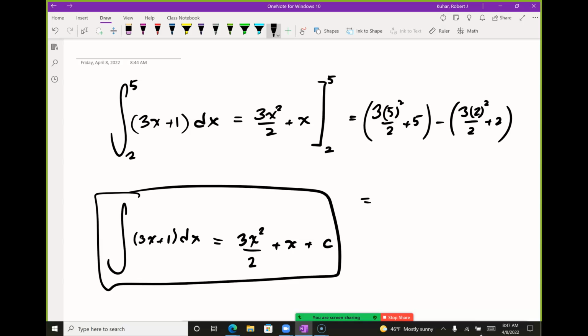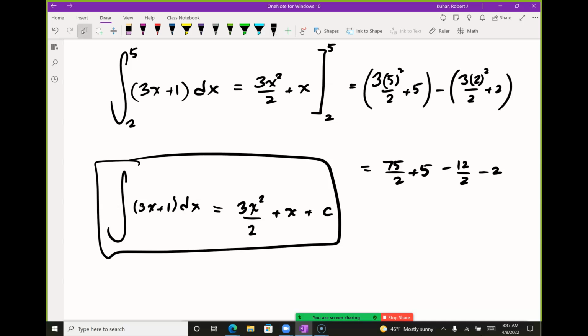So it looks like I have 75 over 2 plus 5 minus 12 over 2 minus 2. Double check me there. 25, 3 times 25, plus 5, yes. And then 4, 12, yes.